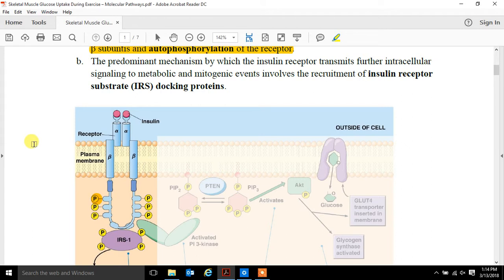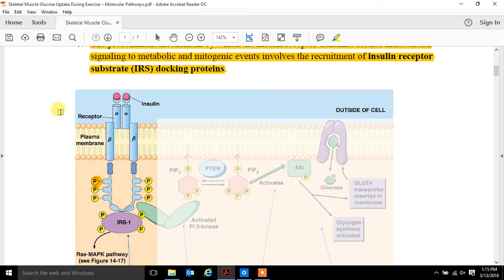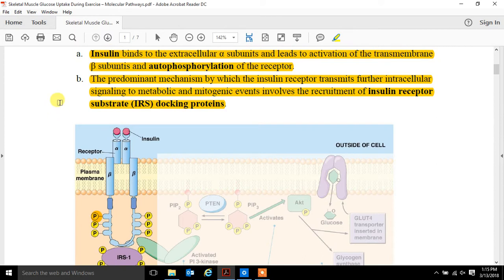The predominant mechanism by which this insulin receptor then sends this signal onward is with the recruitment of the insulin receptor substrate docking protein, IRS protein. So we've got insulin binding to the alpha and beta. We get autophosphorylation.